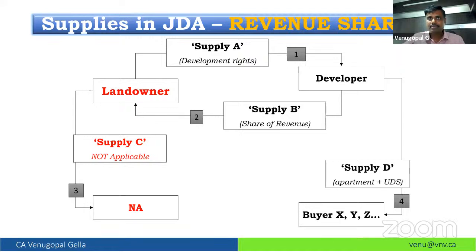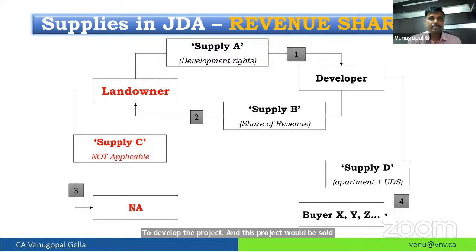Okay, so now, see, if the land belongs to the landlord and he has appointed the developer to develop the project, and this project would be sold and the developer would be retaining a portion of it and the landlord would be sharing a portion of the revenue. Correct. So can it be viewed that it is the landlord who is actually selling these flats to the buyers and the developer is providing only construction services to the landlord?